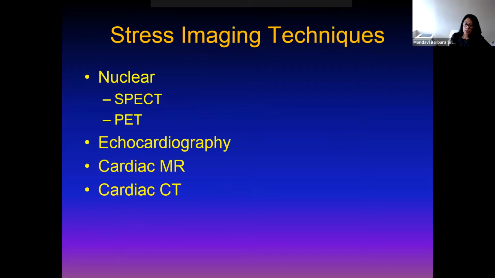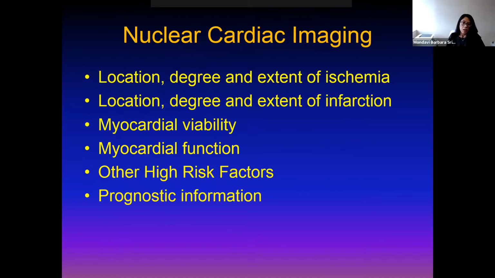Okay, moving on to stress testing with imaging. So nuclear imaging, SPECT and PET scan. The addition of imaging in general helps not only to identify ischemia, but to also localize where the ischemia is.